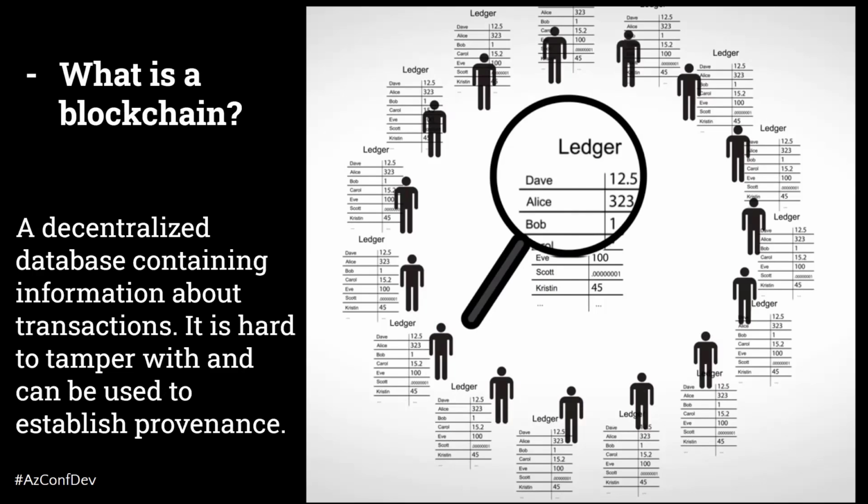If you think about the life cycle of an object, where it originated, where it is right now, and where it might be in a couple of days, the ability to find out the origin of that object is known as provenance. Overall, we can summarize that blockchain is a decentralized database which contains information that is hard to tamper with.